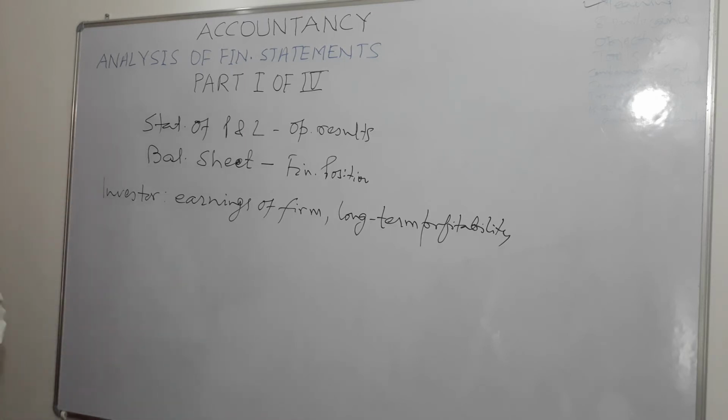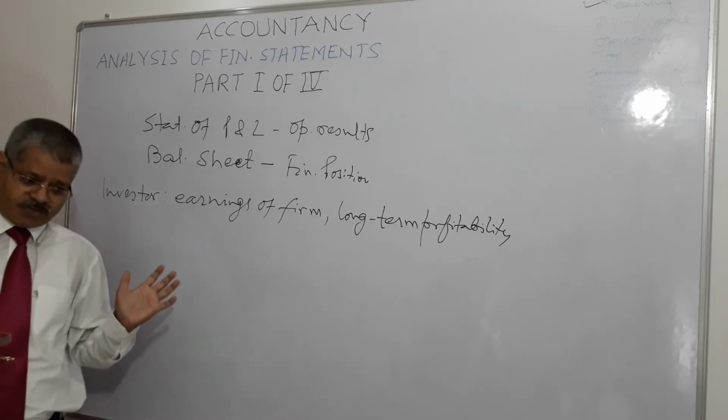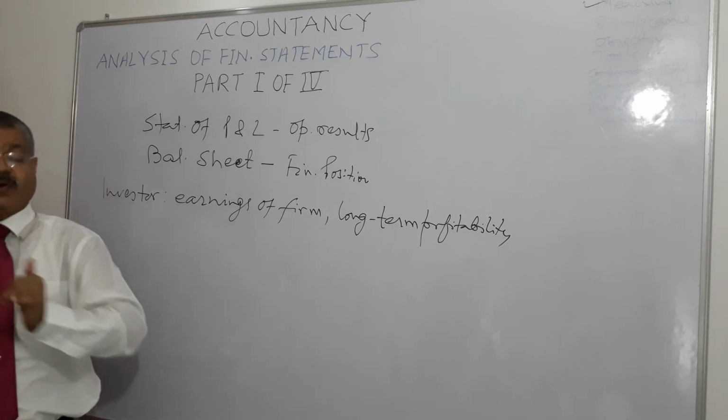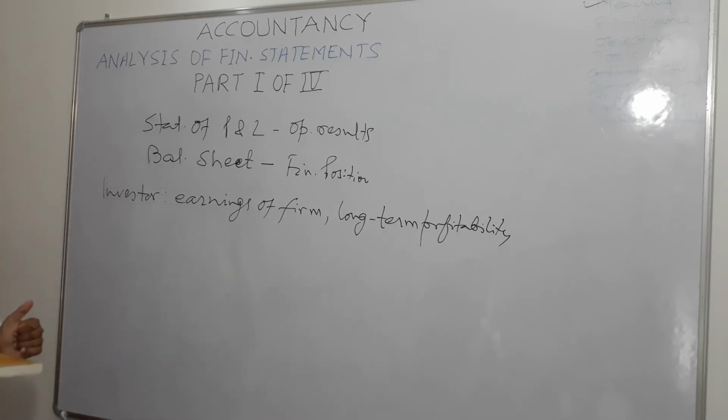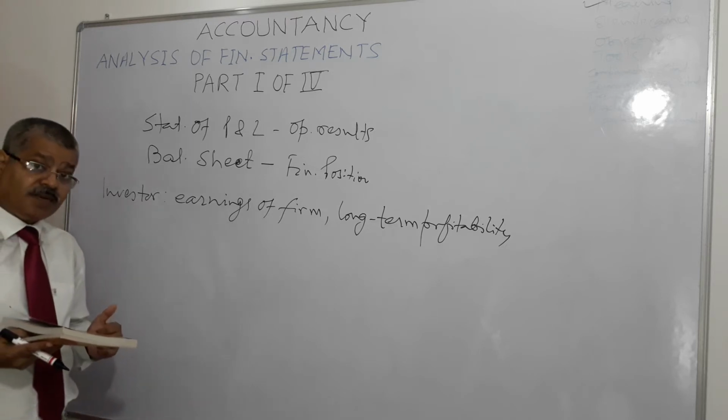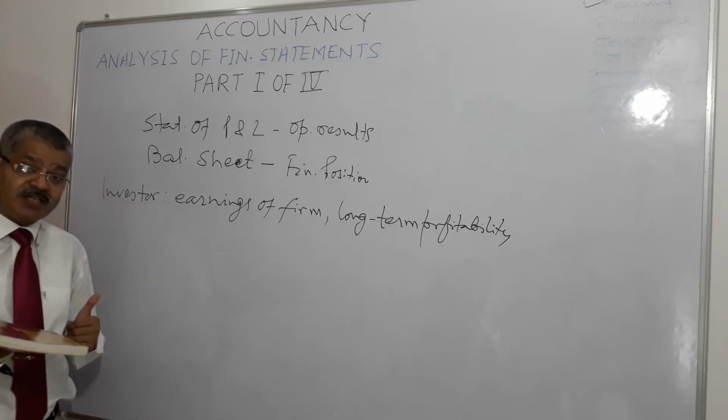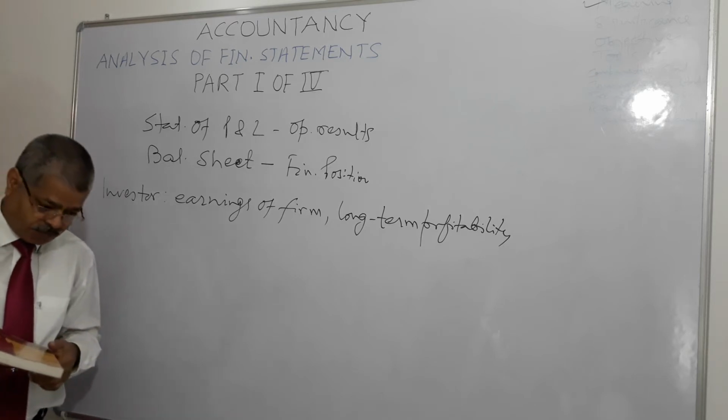Third is trade payables. There are several firms which sell to the company on credit. So, trade payables will be interested in knowing the short-term liquidity position of the company, whether the company will be able to meet its short-term obligations on time or not.